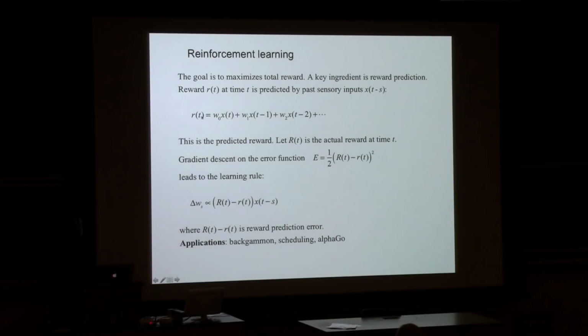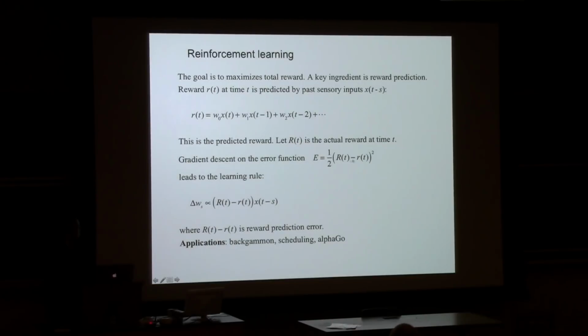Your reward at time t depends on your sensory inputs. The sensory input is x. So x at time t, t minus 1, t minus 2 is in the past. You have different weights. You have to weight your sensory experience in the past to try to predict the reward right now, right? The capital R is the actual reward at time t.